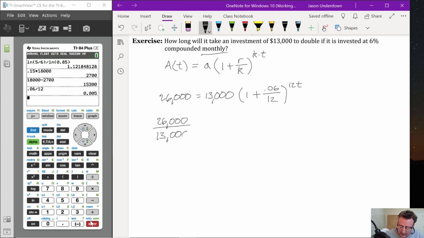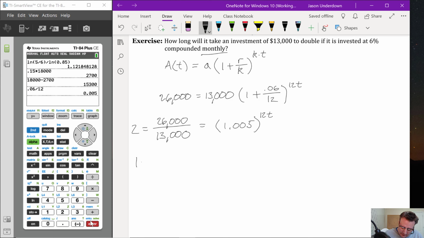And of course, that's just 2. And this will equal 1.005 raised to the 12t power. Okay. Now I want to take the natural log of both sides.